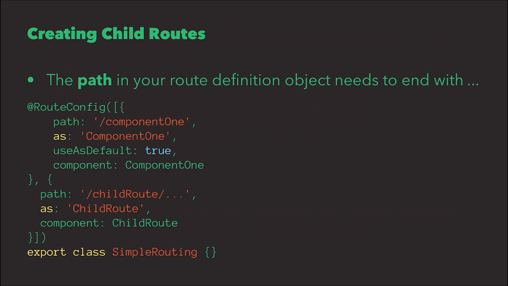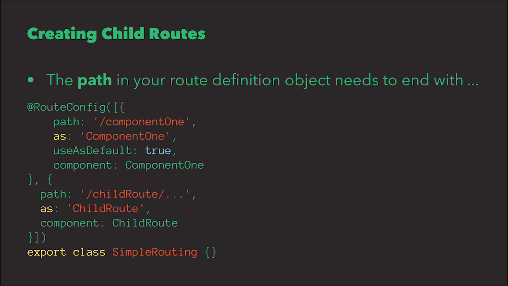Up next, we will be talking about creating child routes. So the key thing to keep in mind when creating your child routes is the path in your router definition object needs to end with a /... So in this example here, we have our component 1 that is our default route. There's no /... So this means that there are no child routes here.